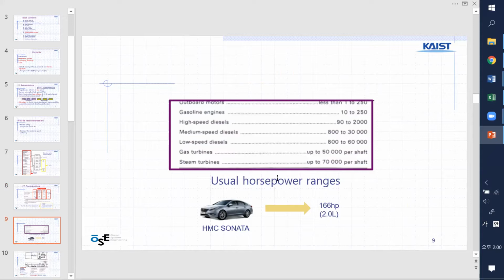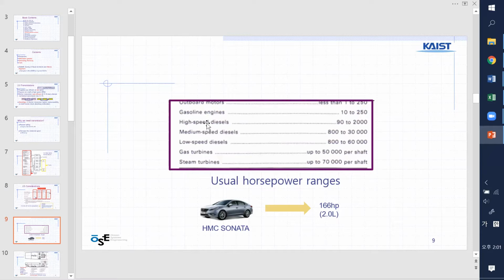And horsepower range: outboard motors for small boats are only 200 horsepower. Gasoline engines, 200. So you see there's a Sonata car at the bottom, with less than 200 horsepower.